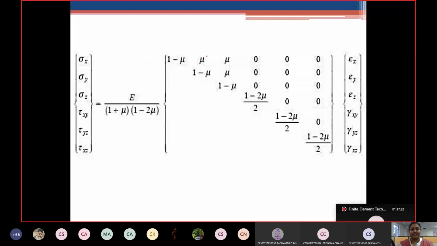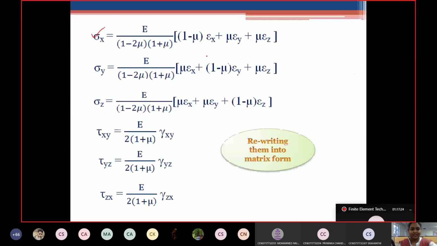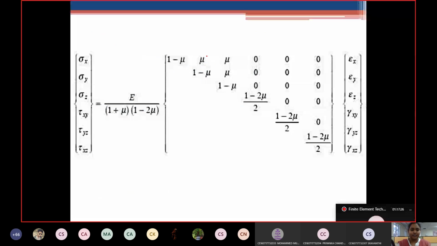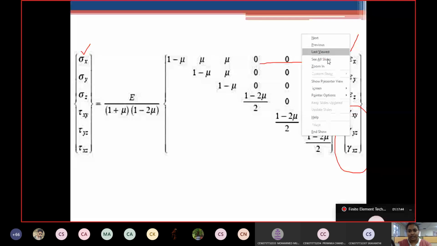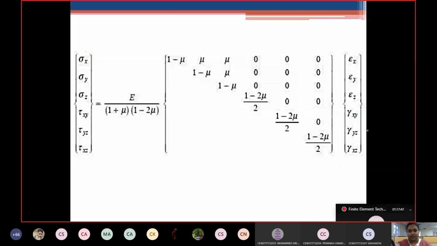This will be the final equation. See, all these terms, whatever we wrote, this is the final relation between stress to the strain when taken in terms of matrix. All right. See, all these zeros what you find here, because sigma x doesn't have shear strain terms. That is why zeros.